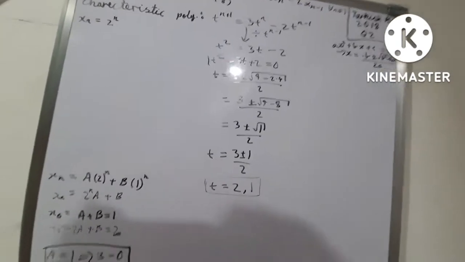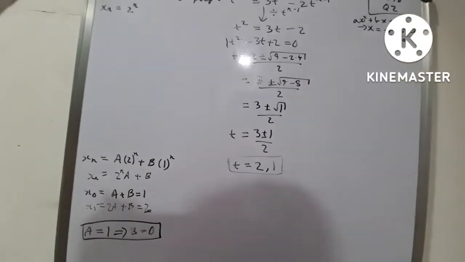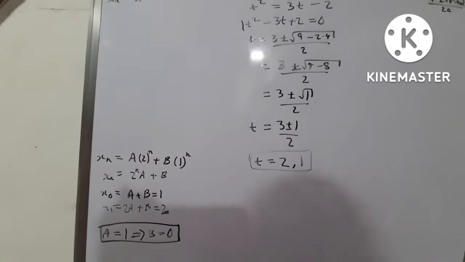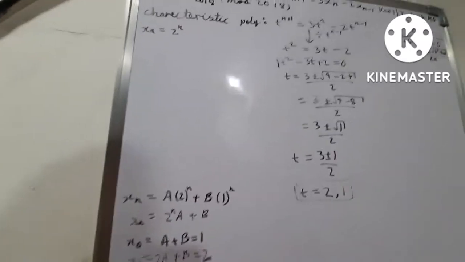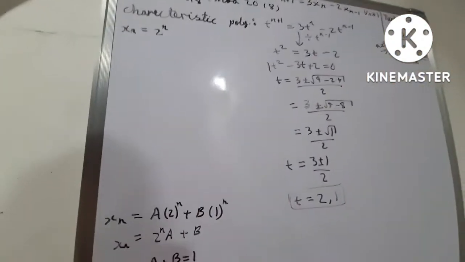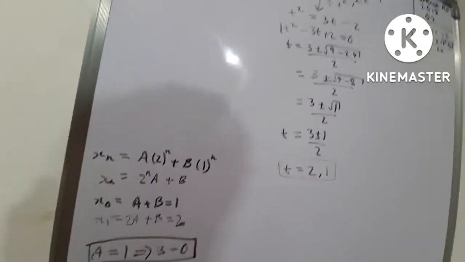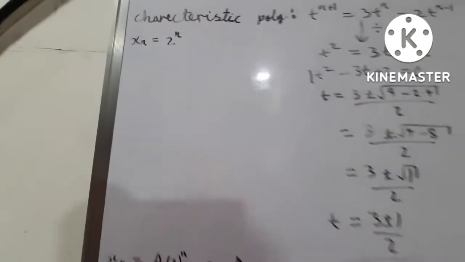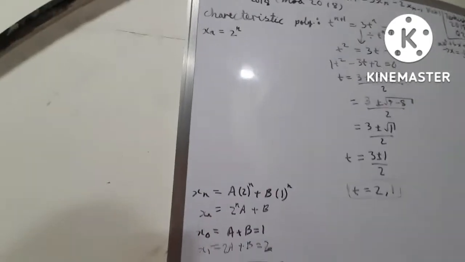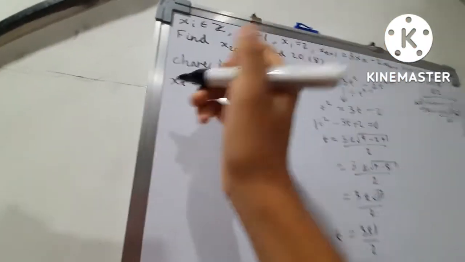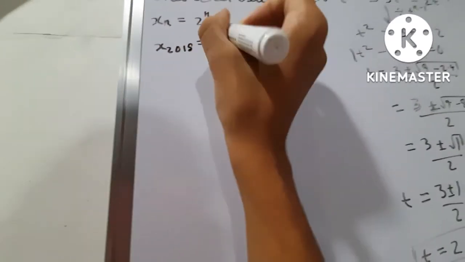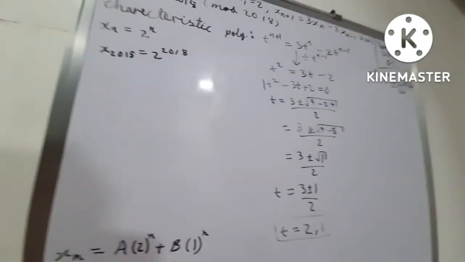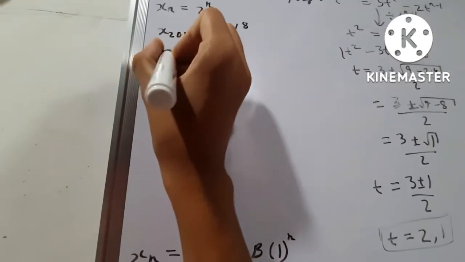Well, the person I found this from solved it not really using this method, but more like they wrote down a bunch of terms and noticed some pattern, and that's what math's about, right? It's about patterns. So anyways, we found the general term, so we know what x sub 2018 is. That's just 2 to the 2018. So now our goal is to find 2 to the 2018.